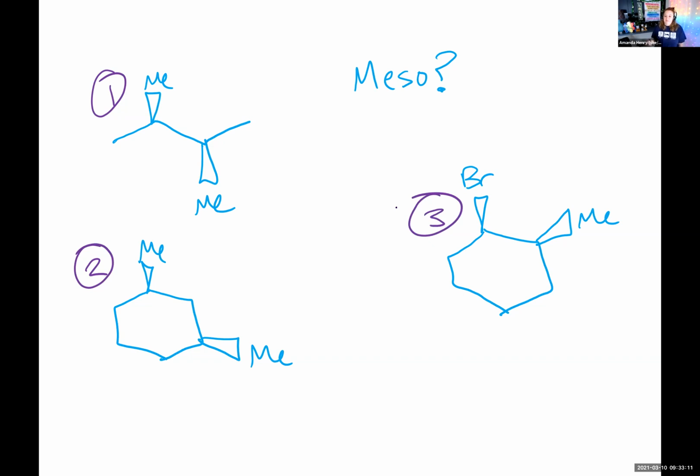We want to decide if they are meso compounds or not. Remember, our rule is that they have to have 2 or more chiral centers, and we have to have a plane of symmetry.